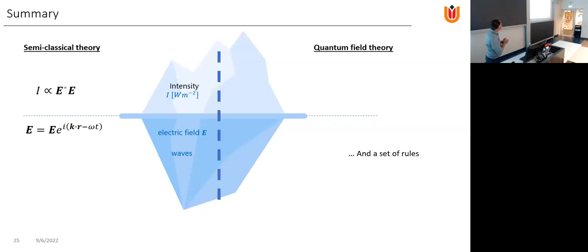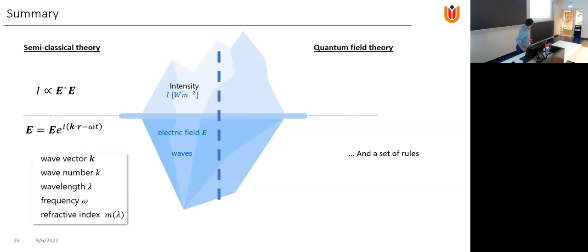So, summary. In the semi-classical theory, the observable is the intensity. We calculate that from the electric field. The electric field here is in complex notation. This is basically just the wave description of light. We encountered all these quantities to describe this wave.